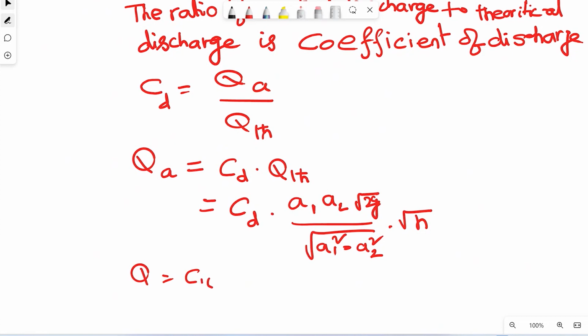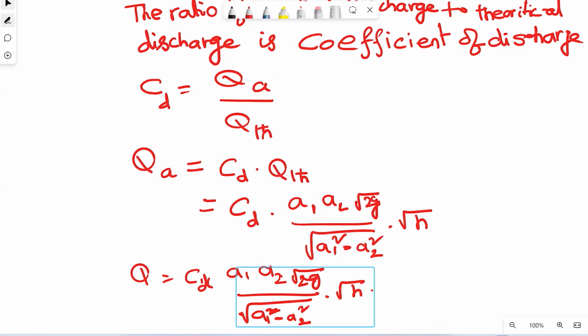Once again, CD A1 A2 root 2g divided by square root of A1 squared minus A2 squared into root H. So this is the equation of the Venturi meter.